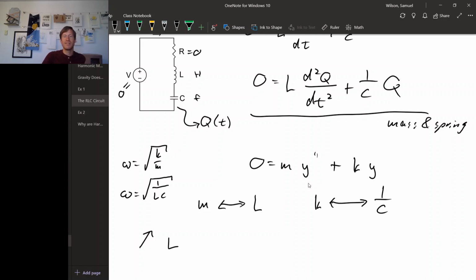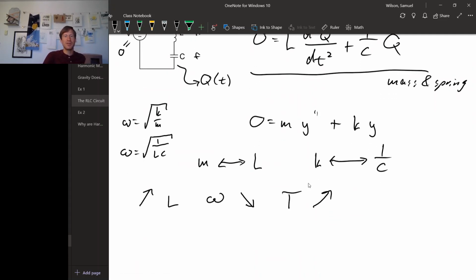Okay, so if we increase L, what happens to the angular speed? Well, L is in the denominator, so a larger denominator is going to make this angular speed smaller. So angular speed is going to decrease, and if angular speed decreases, then the period of the oscillation increases. So putting in a stronger inductor increases the length in time of an oscillation.